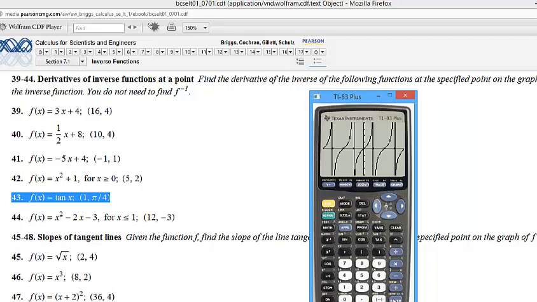On the unit circle, that happens at the point 0, 1, and also at the point 0, negative 1. What angles are those? Pi over 2 and negative pi over 2. So what we do is we restrict the domain. This will be the domain from negative pi over 2 to pi over 2.